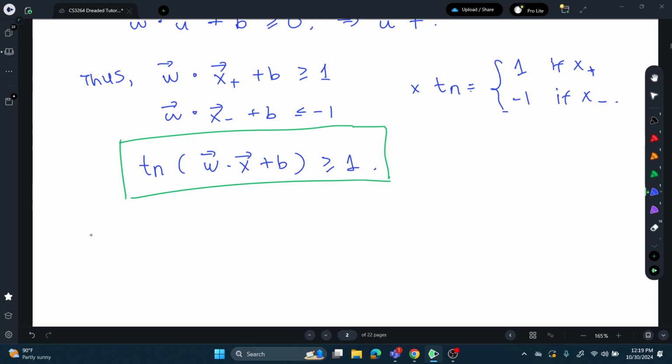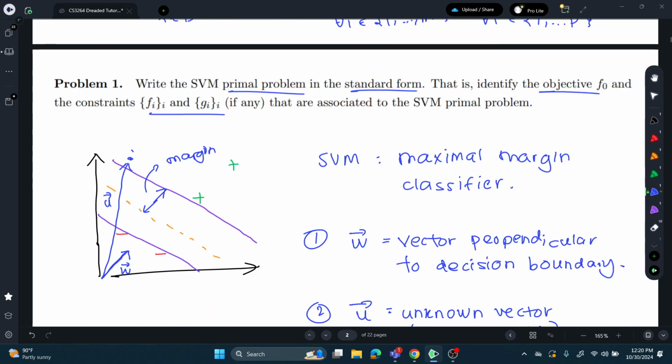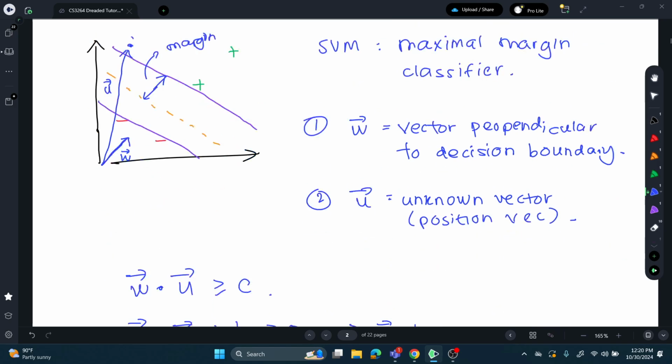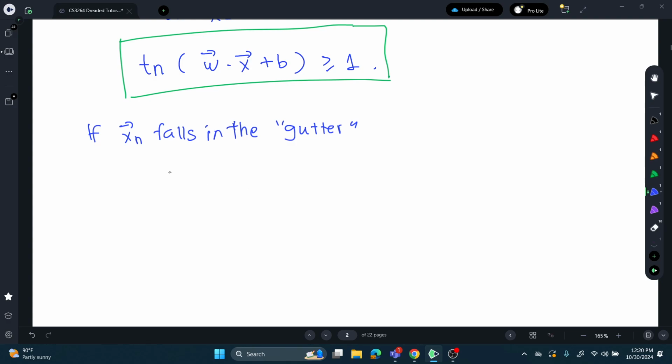So that means that if it happens that my xn falls inside my gutter, okay, if this is kind of like my longkang, right? This is my gutter. If my x falls within that boundary, then this inequality must be what we call active. When we say this is active, then this will now become what we call an equality already.